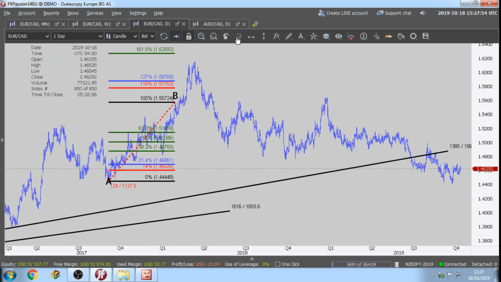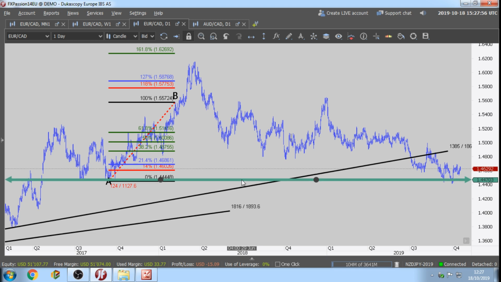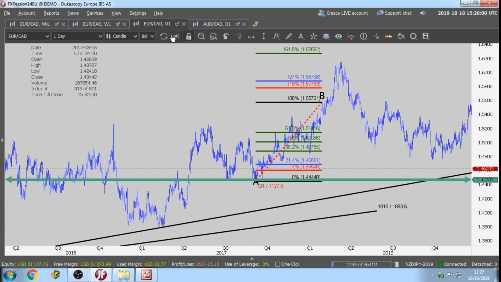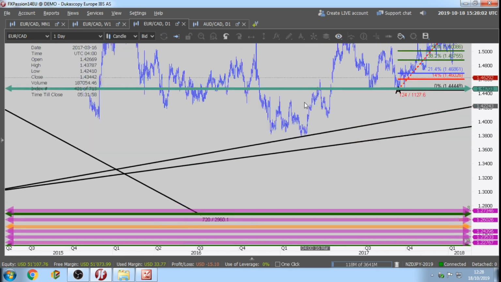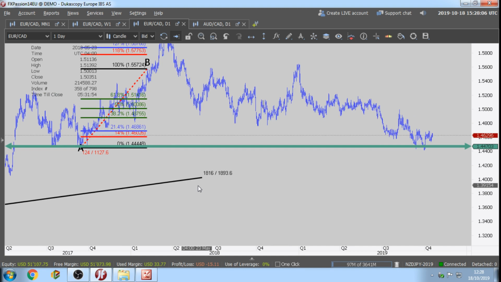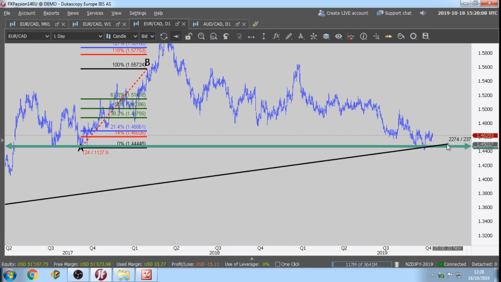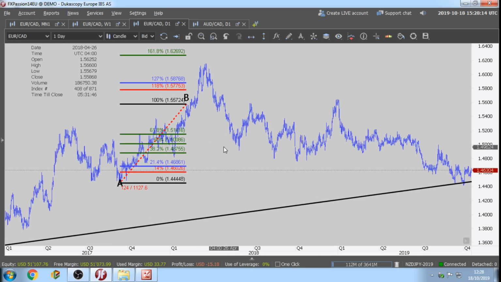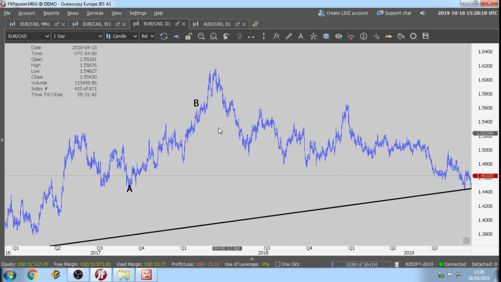So the market broke our up Fibonacci, our original one, and let me see, this was the medium term uptrend line, so this is the long term uptrend line up in here. Now what we are going to do, as the market broke our up Fibonacci, we are going to draw a down Fibonacci.